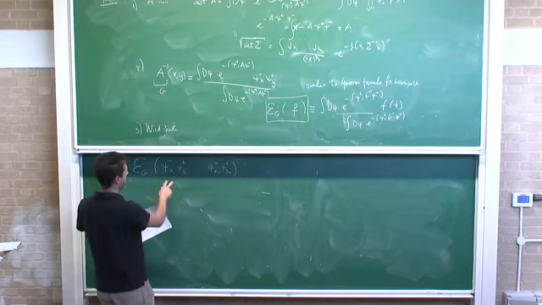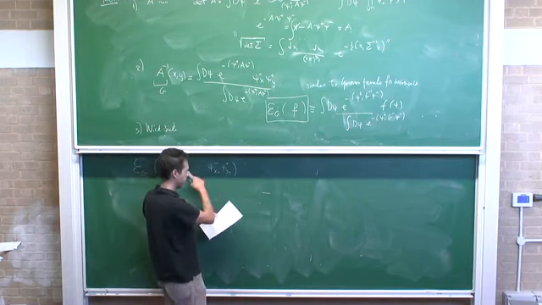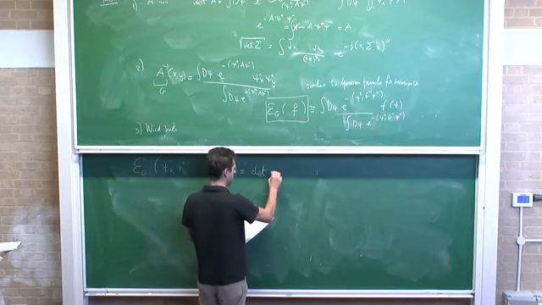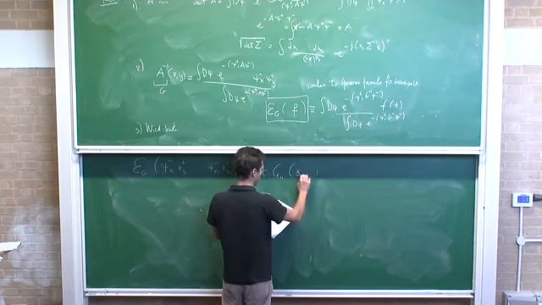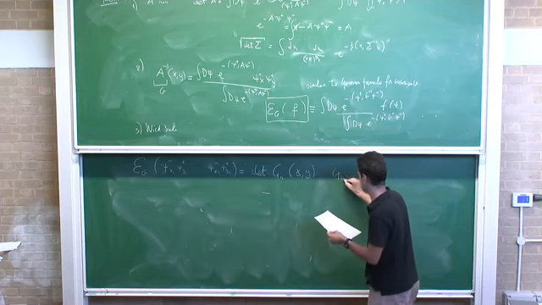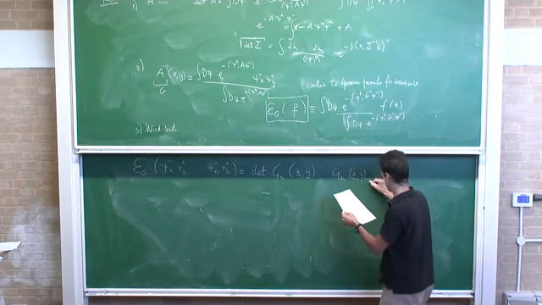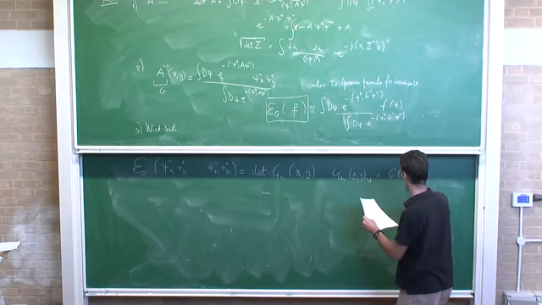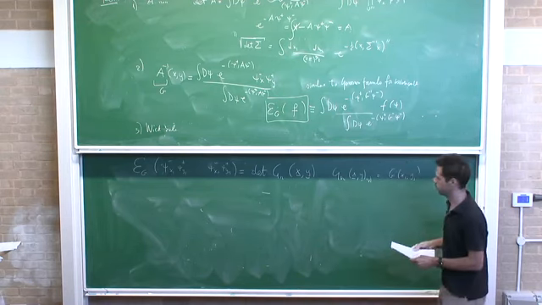I have to have as many variables with minus as with plus, otherwise it gives me 0, and when they are the same number, it gives me the determinant of an n by n matrix, where Gn of x, y, coordinate ij is just G of xi, yj. Okay, I hope I got them right.